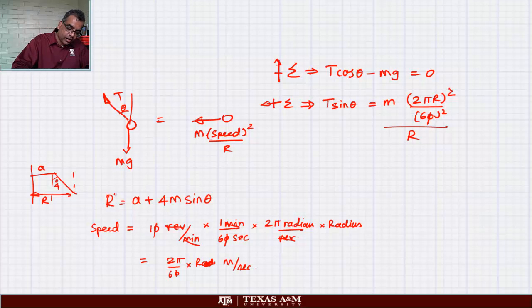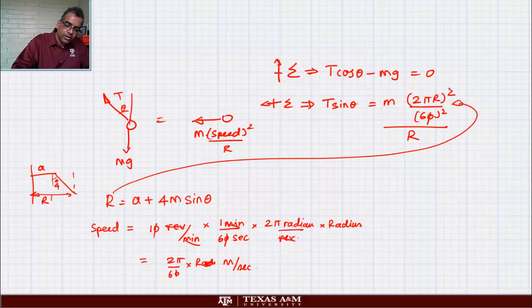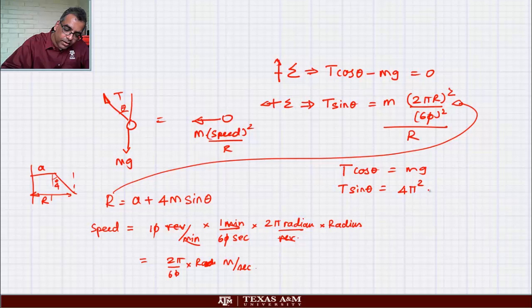And you can substitute for r from here. So T cos theta equal to mg and T sin theta equal to 4 pi squared mr divided by 36.